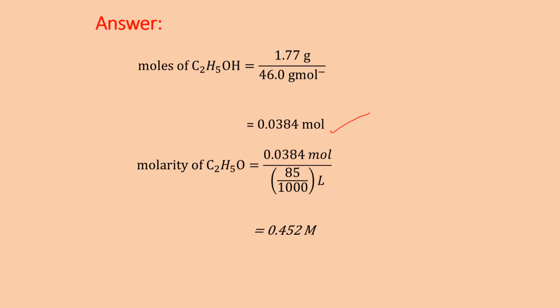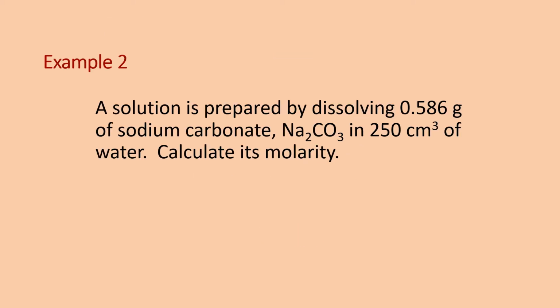The molarity of ethanol is 0.0384 mole divided by the volume of the solution in unit of liter, which is 85 divided by 1000, because you need to convert the volume to liter. The final answer is 0.452 molar.